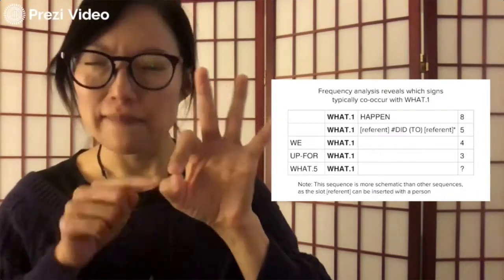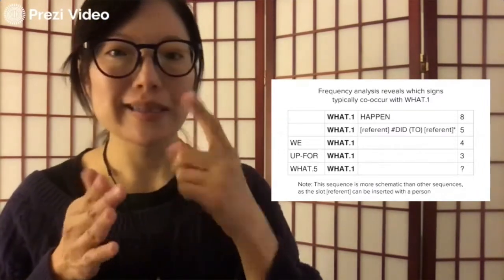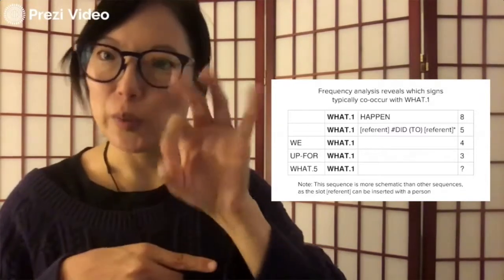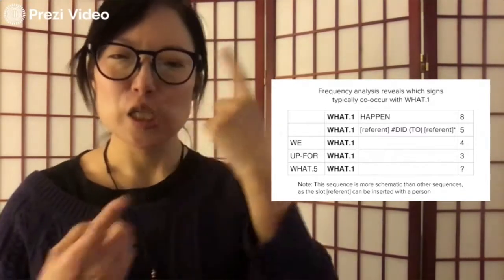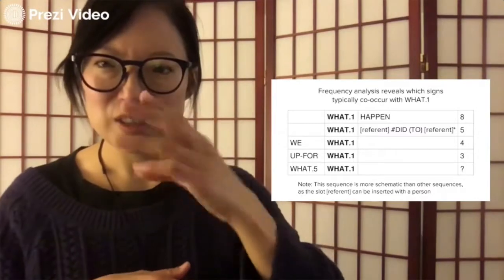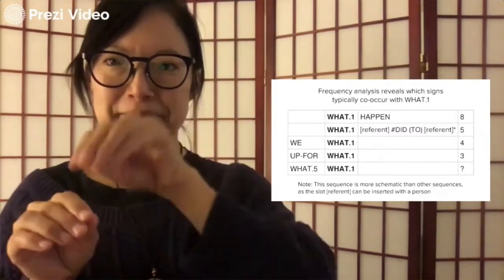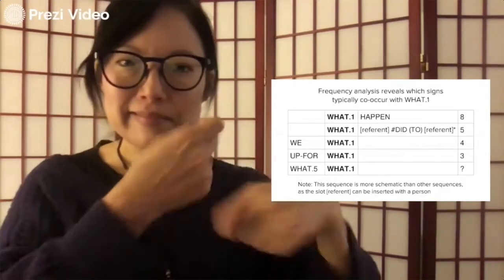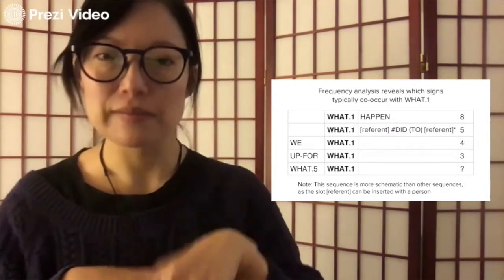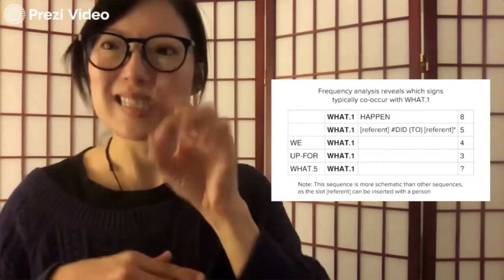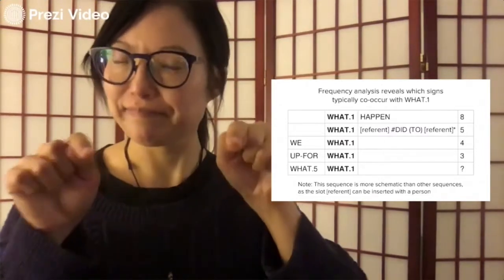The what one referent means anyone did to referent another person. And that is more schematic sequence because you can replace each of those referents as in what one somebody did to somebody else.